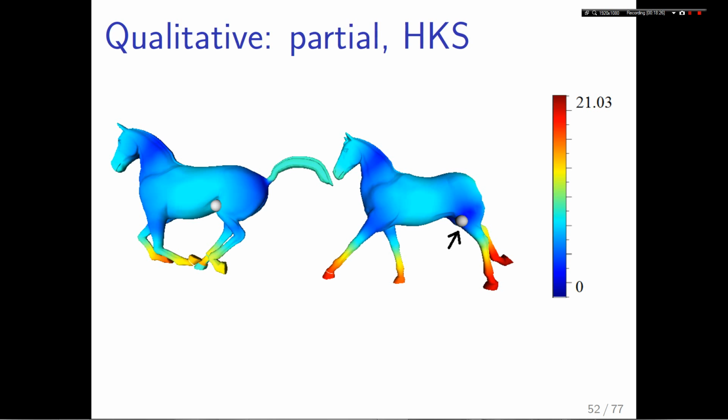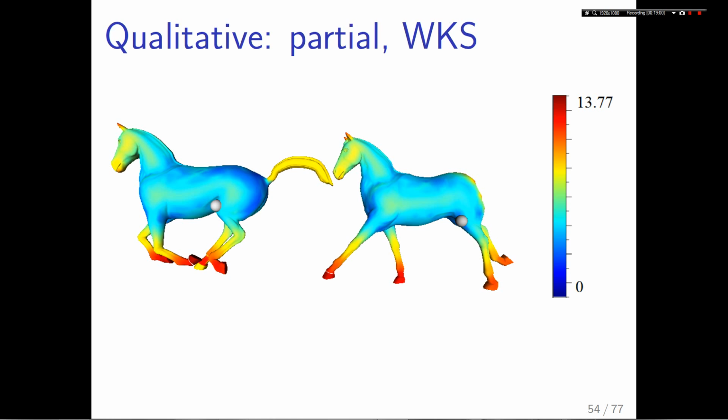So you can see, I show here, color mapped, the descriptor difference, which for HKS is just the signal difference. From the source point, what is the closest point on the target? It's not in the correct place. You see the blue regions move to the butt of this horse, which is incorrect.